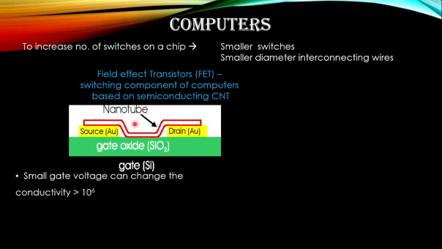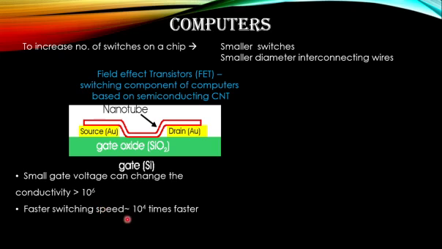So what is the advantage? Any small gate voltage can change the conductivity through the tube by 10 raised to 6 times, 1 million times you can increase the conductivity.